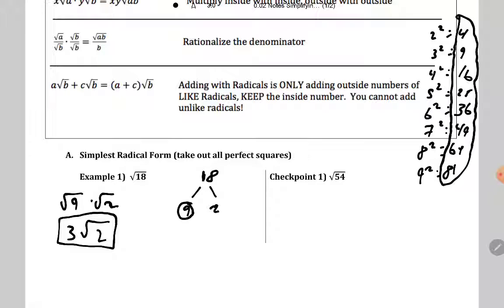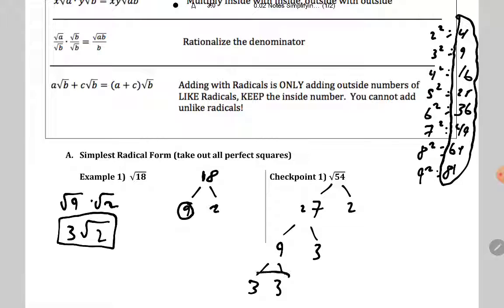So let's do another one. 54. If I don't know a perfect square right off the top of my head, I like to divide the number by 2. So I have 27 and 2. 2 can't be broken down. Well, it'd be broken down into 1 and 2, but that doesn't do anything. 27 is 9 and 3. And I'm just going to break it further just in case I didn't know 9 is a perfect square.